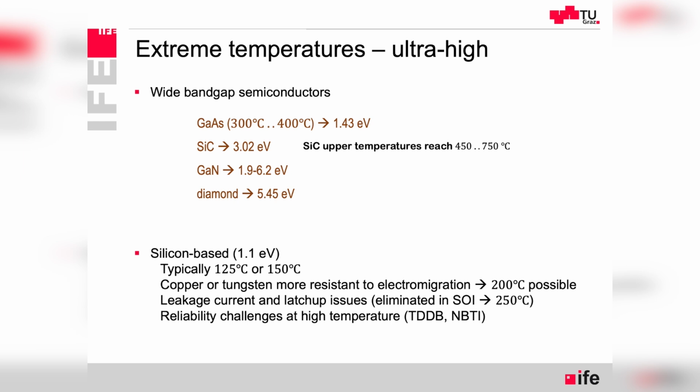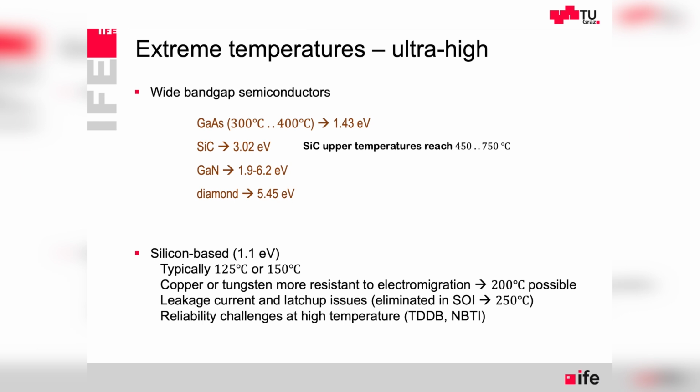And there are some limitations related to leakage currents, so we don't have the conductivity control as well as at room temperature, but the devices can still operate. For example, 250 Celsius for silicon on insulator, because this stops to some extent the issues that occur because of latch-up or leakage currents.